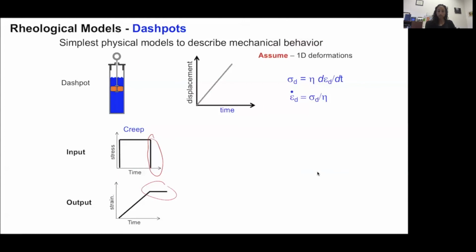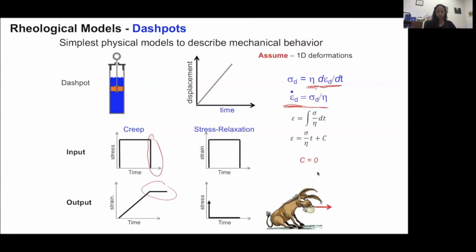And so we can describe the stress on our dashpot as being a function of our loading rate, delta epsilon over delta t, and a function of the viscosity of our dashpot fluid, eta. And what you'll see here, and this is more important for the more advanced videos where we'll go through the derivations, is that we have a derivative here with respect to time.